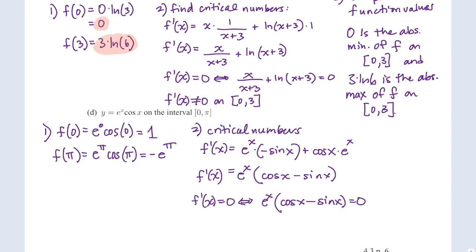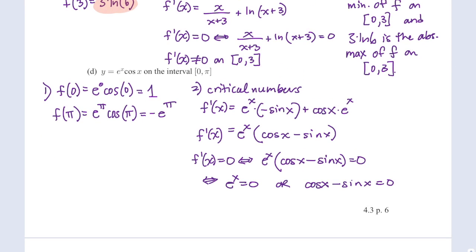And anything that's factored and equal to 0, we can say, oh, that means either e to the x is 0 or cosine of x minus sine of x is 0. And if we think about the graph of e to the x, that graph is never 0. So this doesn't happen.